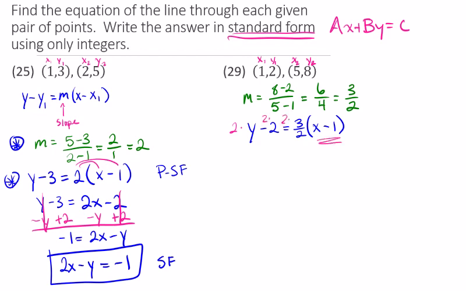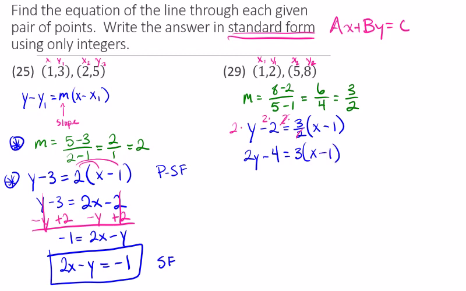Now remember, I'm not multiplying inside the parentheses because right now that's untouchable. So 2 times y is 2y. 2 times -2 is -4. Here the 2's cancel out, so we end up with just 3 times the quantity of x minus 1.